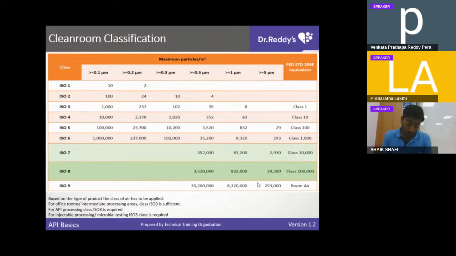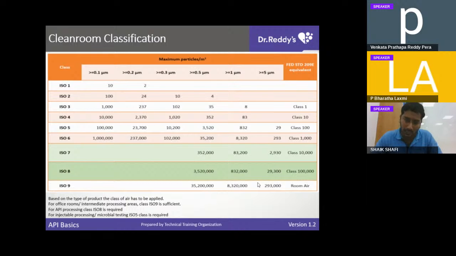This is the classification of clean rooms as per ISO standards. We use ISO class 9 for office rooms, ISO class 8 for API manufacturing, and ISO class 5 for sterile products and the microbiology monitoring room.